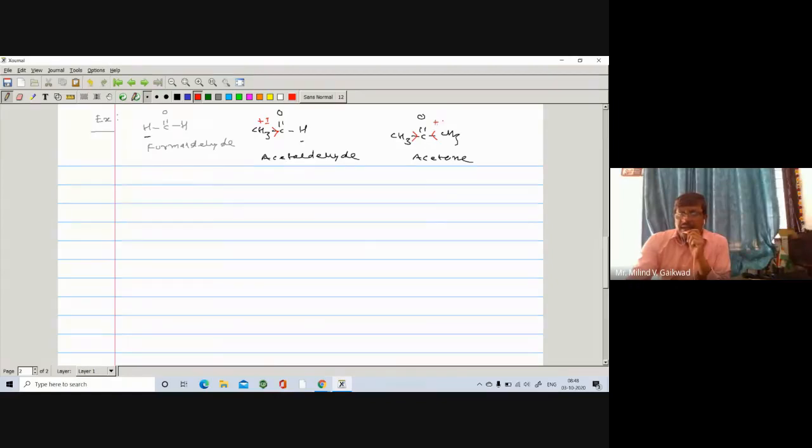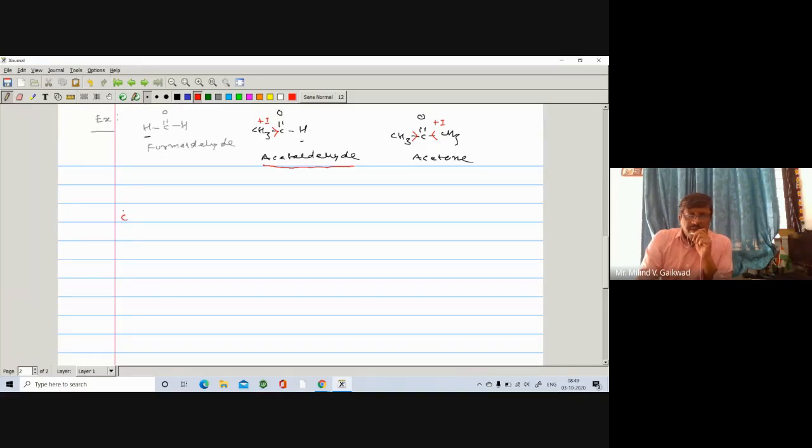So again, the reactivity is very, very less, right? So if you want to increase the positive charge on the carbon, we have to introduce an electron withdrawing group in the R group.